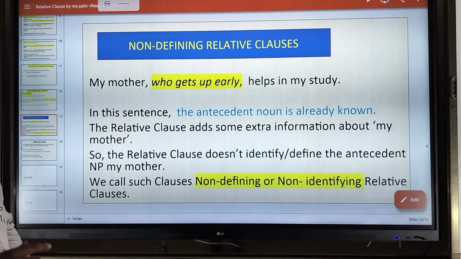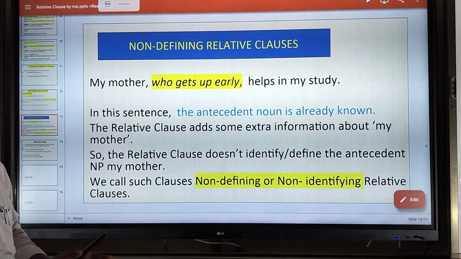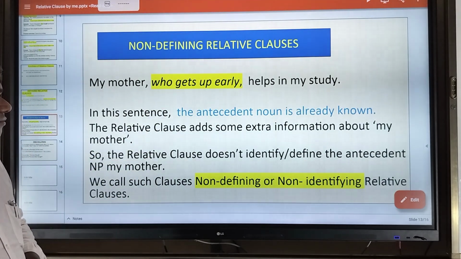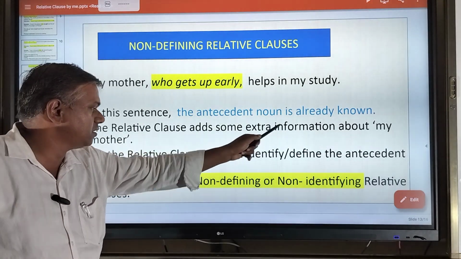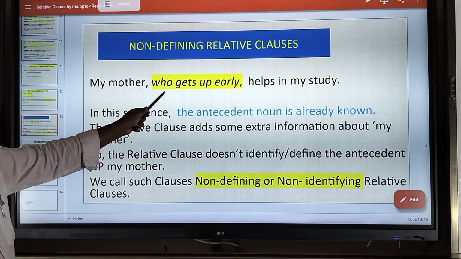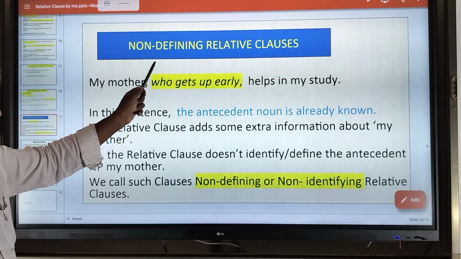I know my mother well. Understood? So this is the unnecessary thing. It is adding some extra information about my mother. Then this one is called the non-defining relative clause.